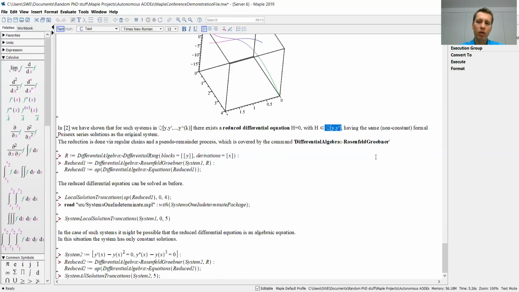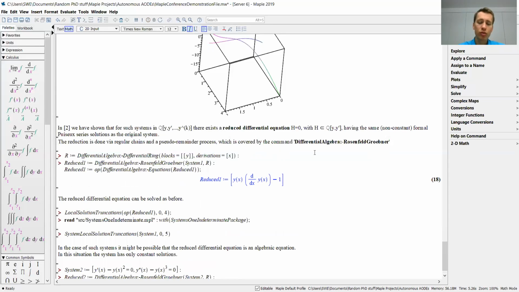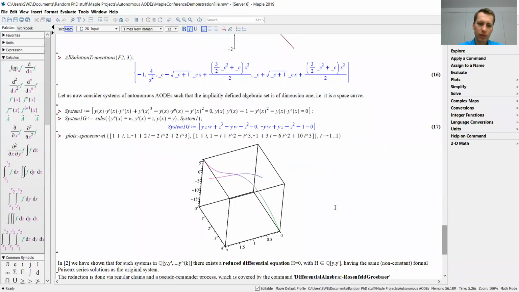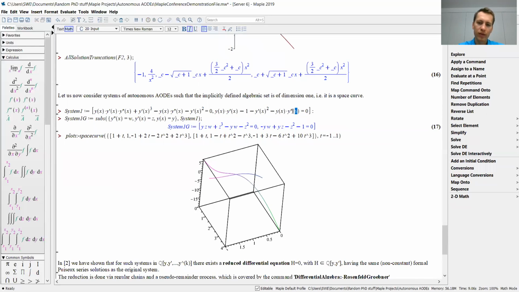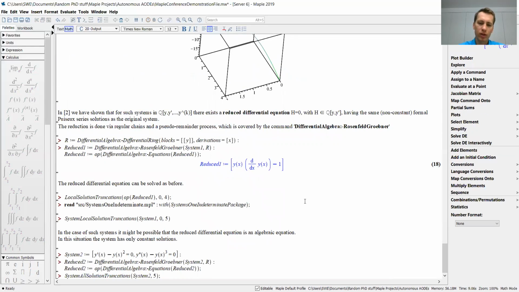But for now, it's sufficient to do this. So the reduced differential equation of the system above, maybe let's recall it. So here we have given the system in one variable and the order is 2. Here is the highest occurring derivative. And now we have the order equals to 1.